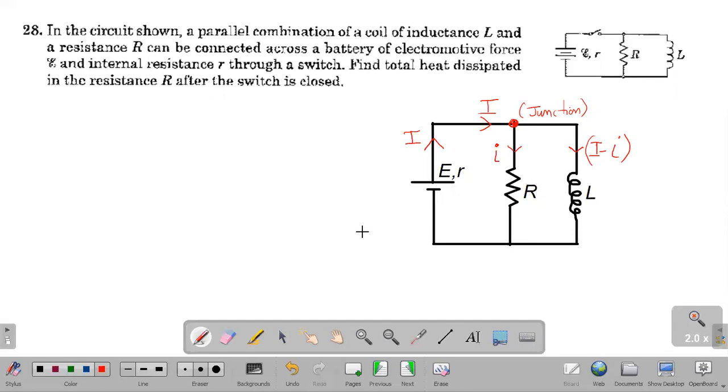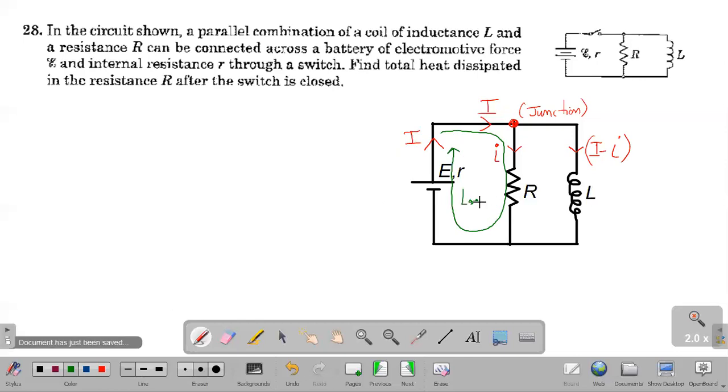After that, we will follow Kirchhoff's loop equations. First of all, I will write the loop equation for this circuit. My first loop is shown by this green color. This is my first loop.